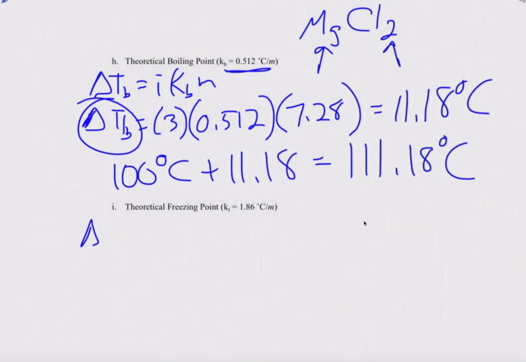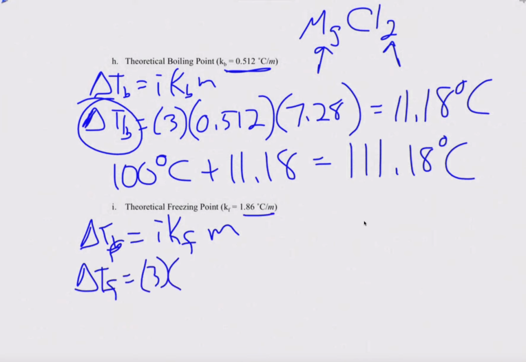The freezing point, we're going to do essentially the same thing. The formula is the same except that it's a different constant. Sorry, that's delta TF. Delta TF equals 3 times, this time it's 1.86 for freezing of water. Concentration is the same, 7.28.